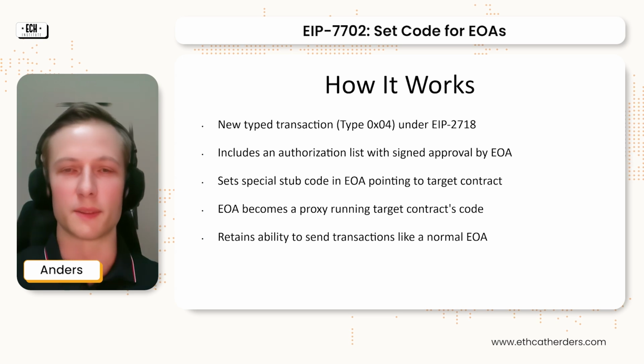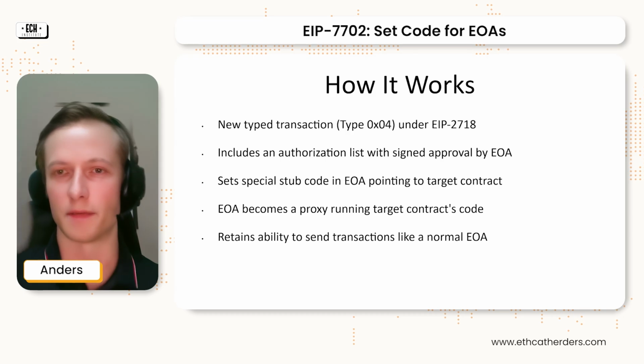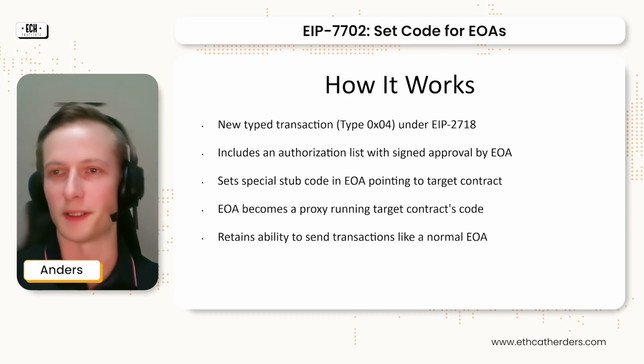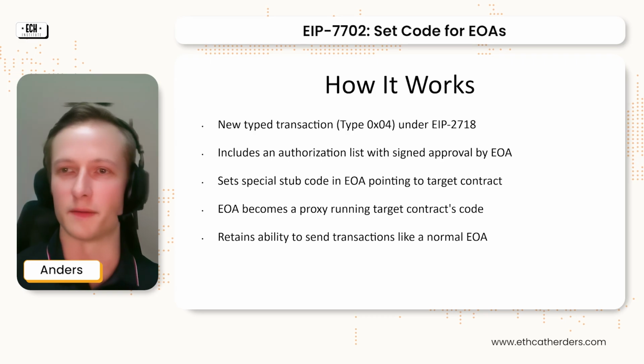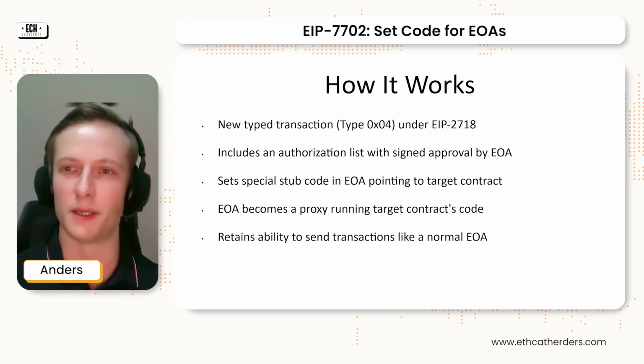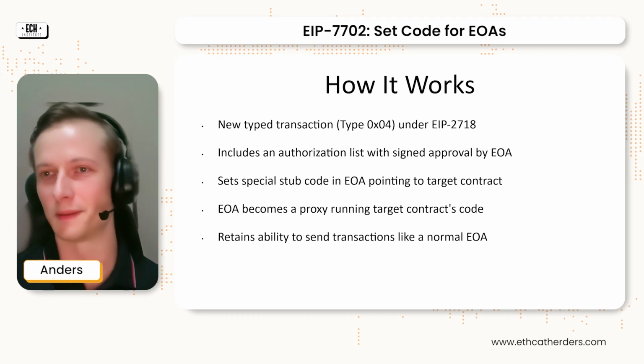So what happens is basically on Ethereum, all accounts have a couple of things. They have a nonce, they have a balance, and they have code. And up until now, an EOA could never have code. There's no way, technically speaking, that an EOA could have code.